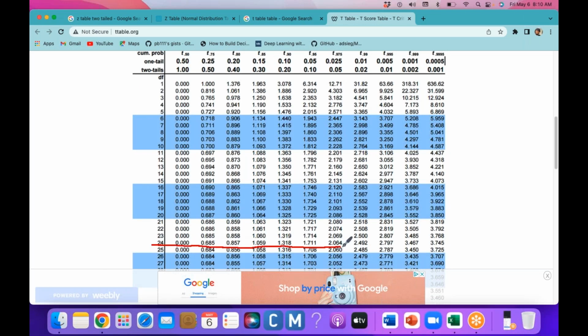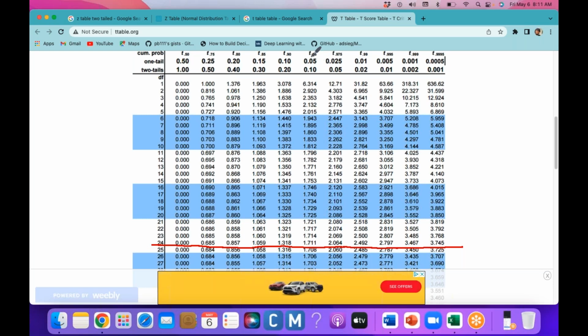Maybe the value could be in this particular range. Now I'm doing the one tail test, right? If it is the one tail test, the alpha value is 0.05, so this is the value, 1.71.